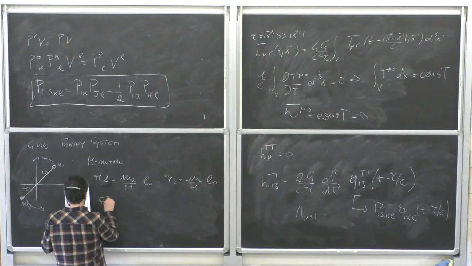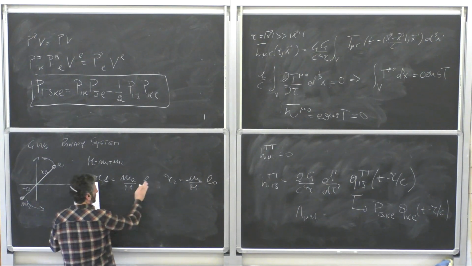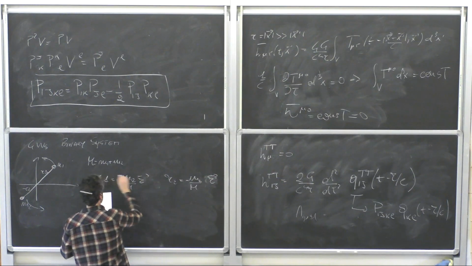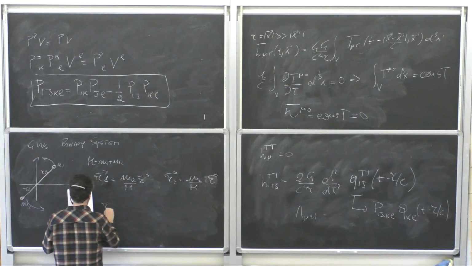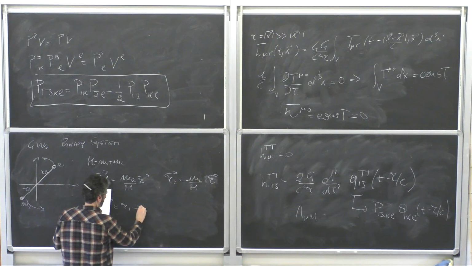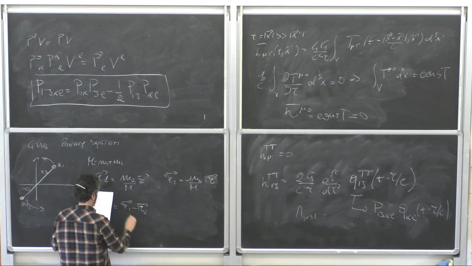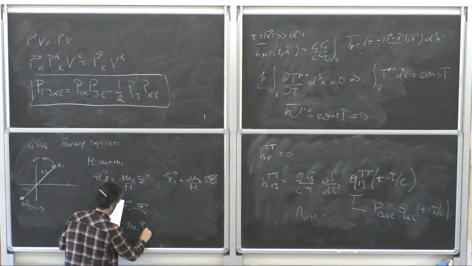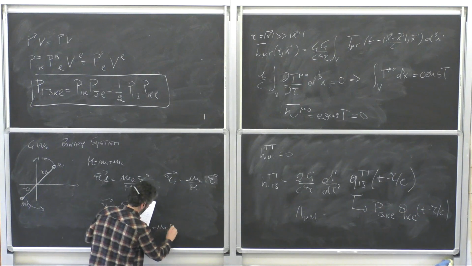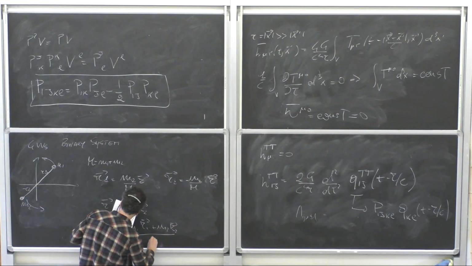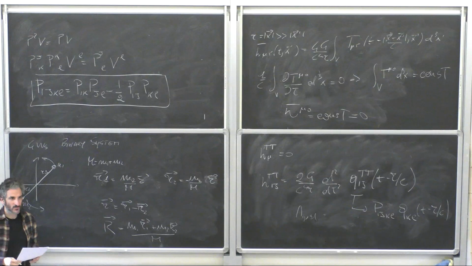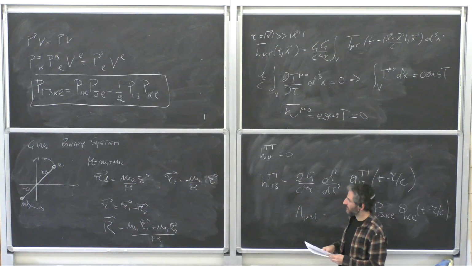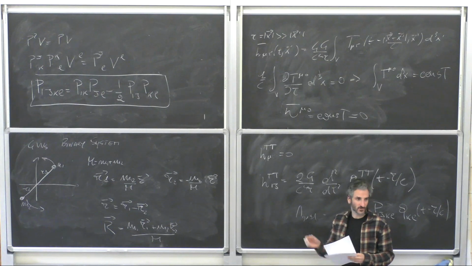Let me write it in vector form. I jump into the center of mass and then I define the modulus of R2 minus R1 as L0, the relative distance between the two.